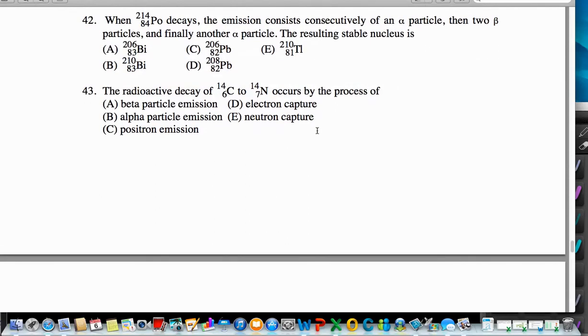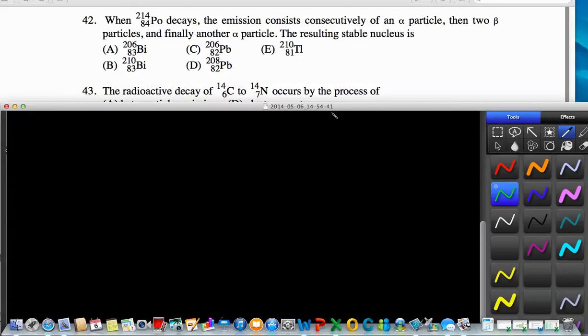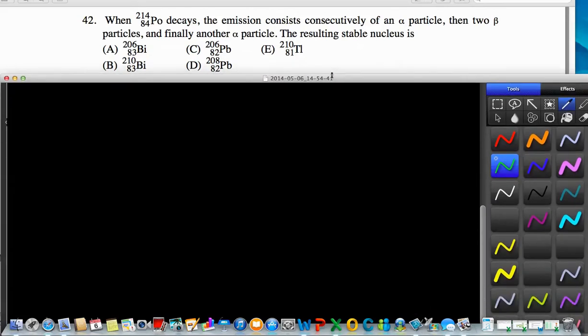Number 42, we have the decay of polonium-214. Remember, polonium was discovered by Marie Curie and it was named for her native Poland.